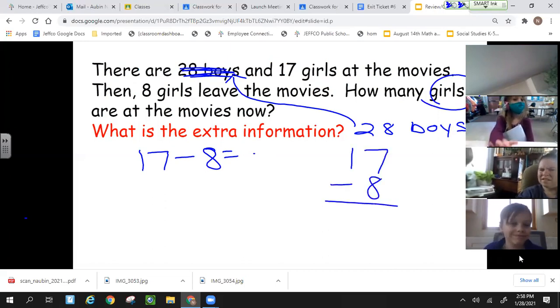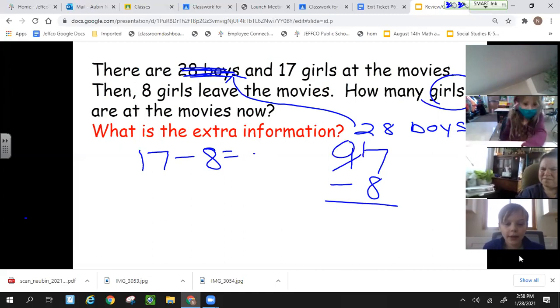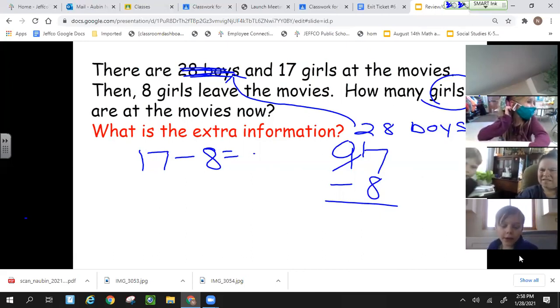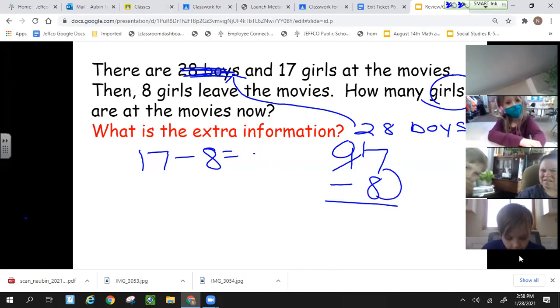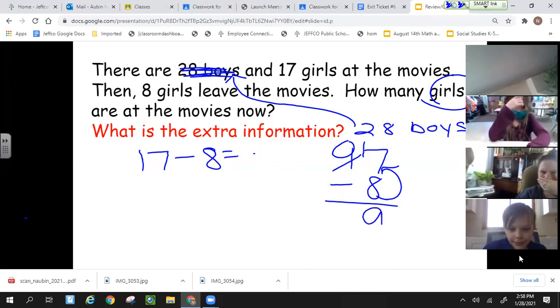I subtracted the 1, because 8 is a higher number than 7. So I subtracted 8 from 7 and I got 9. All right. 9 girls.